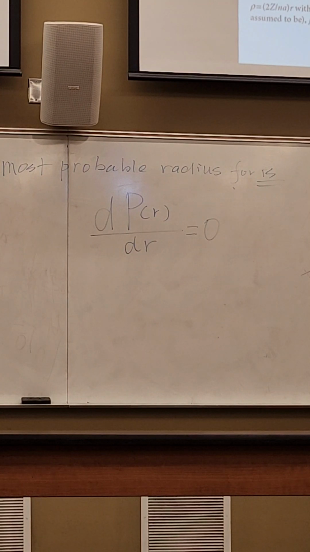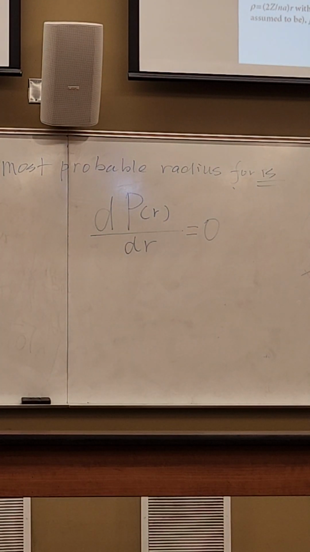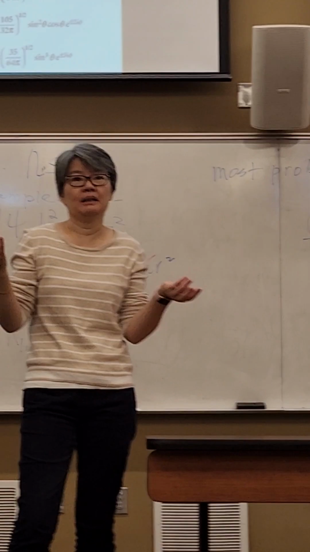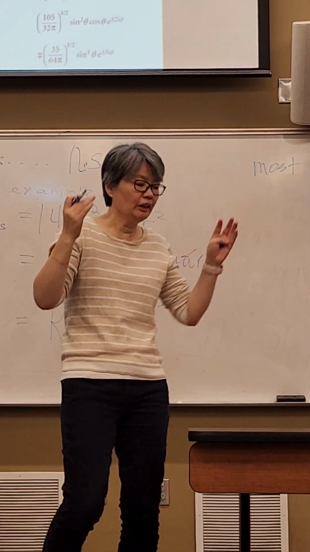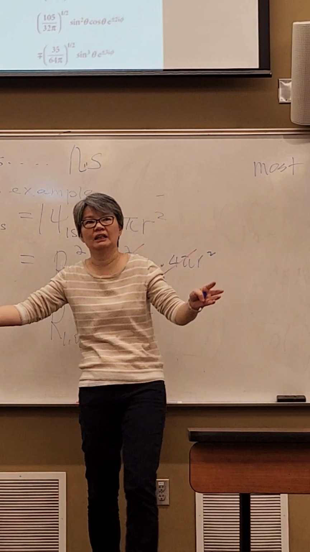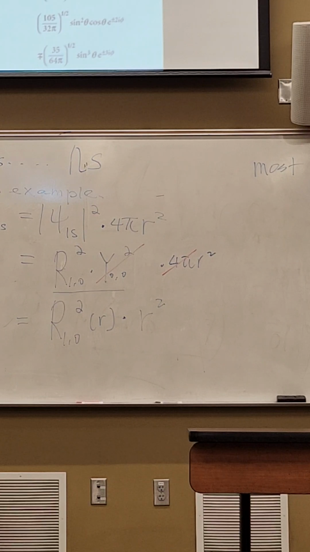Right, so that allows you to say most likely where the 1s electron will be located, the higher probability at a particular radius. Because the electron can go from 0 to infinity, the radial distribution function allows us to evaluate the most likely radius to find the 1s electron.